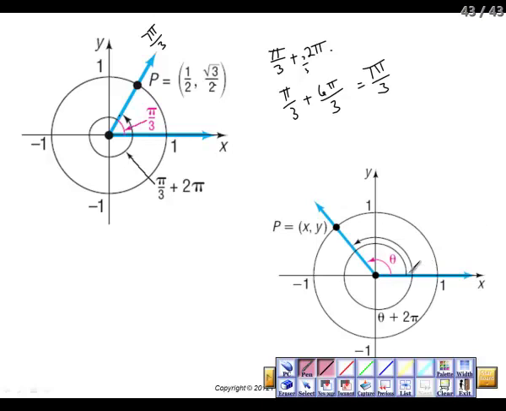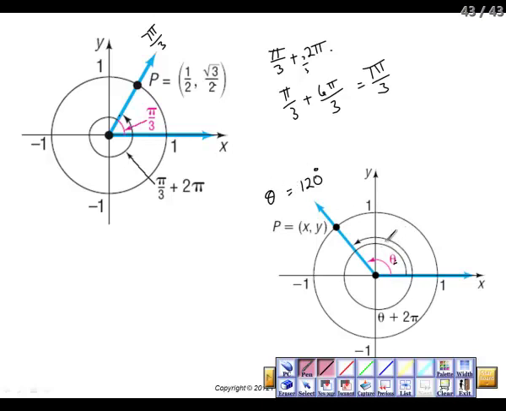And so for this angle, we would say that this looks similar to 120 degrees. It doesn't say it's 120, but we'll call it 120 degrees. So this theta here would be 120 degrees.